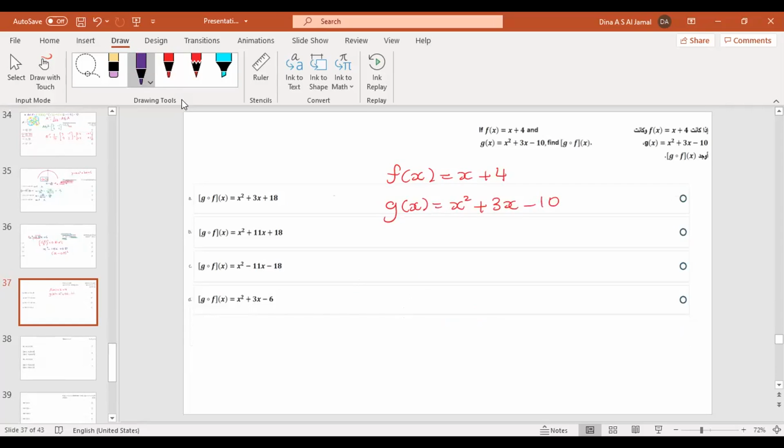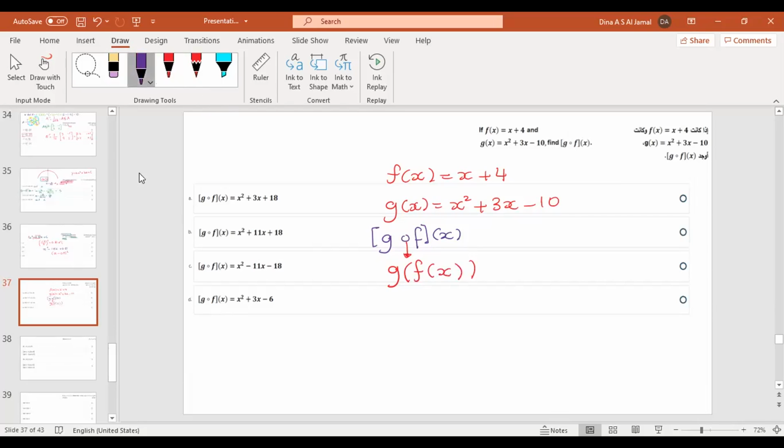He would like you to have g of f of x. So this symbol, I had many videos on this, so please, I would like you to watch them. Your input now of g is not anymore the x, it will be f of x.